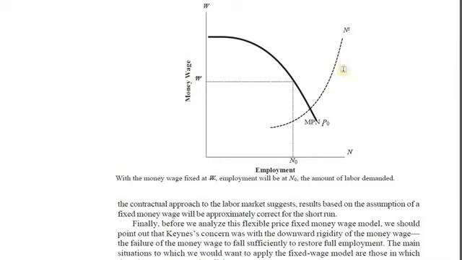So the market has not cleared yet. If the market had cleared, the equilibrium would have been here. But for the moment, just assume that there is excess supply of labor in the economy, and that's why the labor supply curve is like this. And given the money wage in the economy is W, at the given money wage we are having excess supply of labor. Labor demand is here, labor supply is here, and this much is the excess supply of labor.